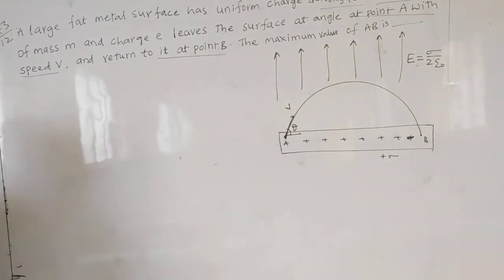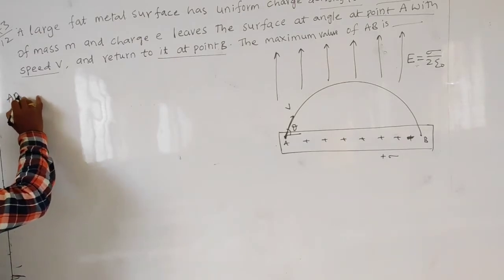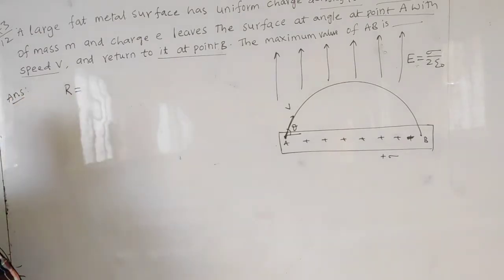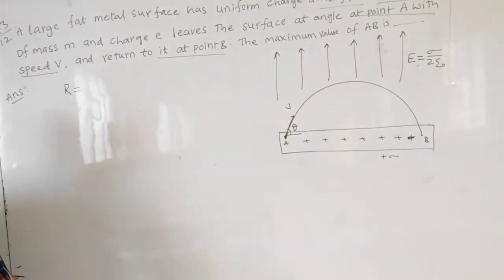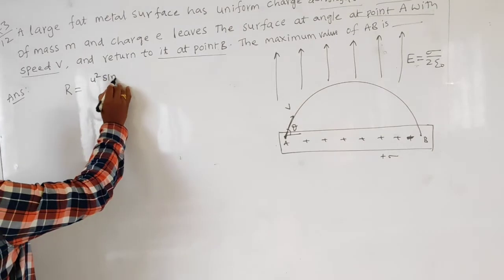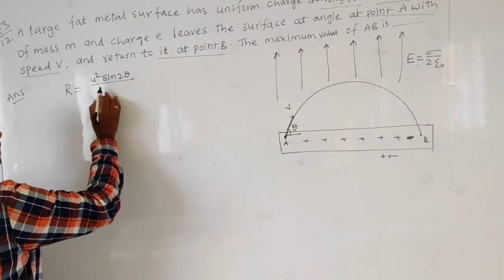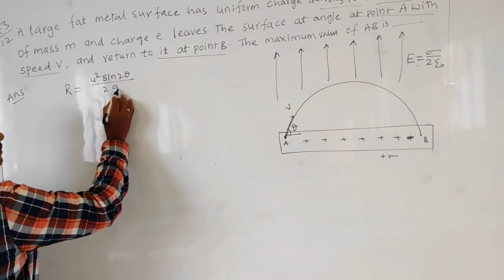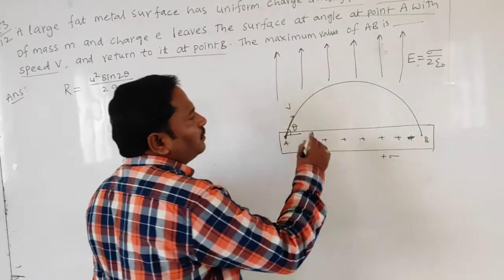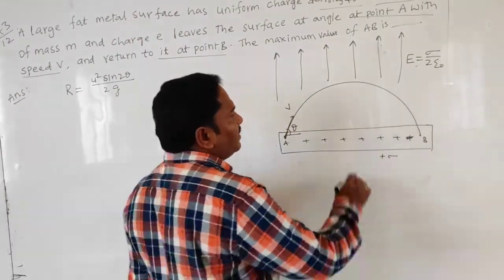Now what is the range formula? Range R equals U square sine 2 theta by 2g. Here we have to neglect the acceleration due to gravity g.